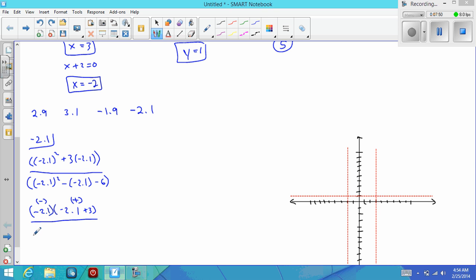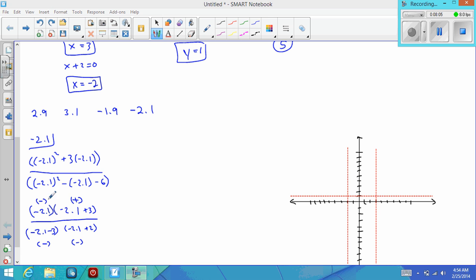And for the denominator, we would have -2.1 minus 3, which is a negative, and -2.1 plus 2, which is still negative by 0.1. When we look at this, we have 3 negatives, which gives us a negative value.